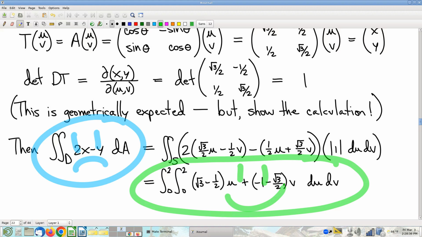Rather than a linear polynomial with integer coefficients, now I have a linear polynomial with non-integer coefficients. That's a really small cost, but I only have a single integral to compute. I have constant bounds, a rectangular pullback domain. Again, big victory. I just cut the workload by a factor of 3. How we doing? Okay.